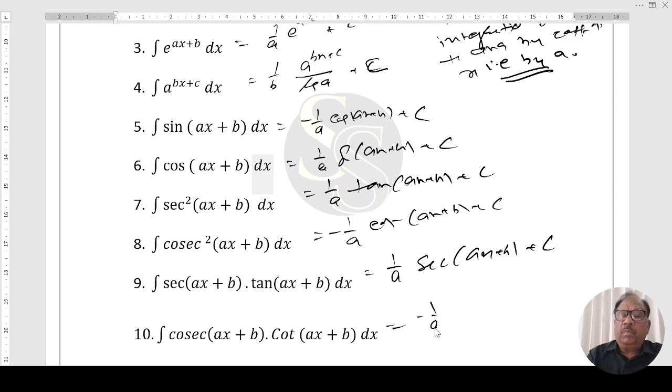Similarly, minus 1 by a cosec of ax plus b plus c.